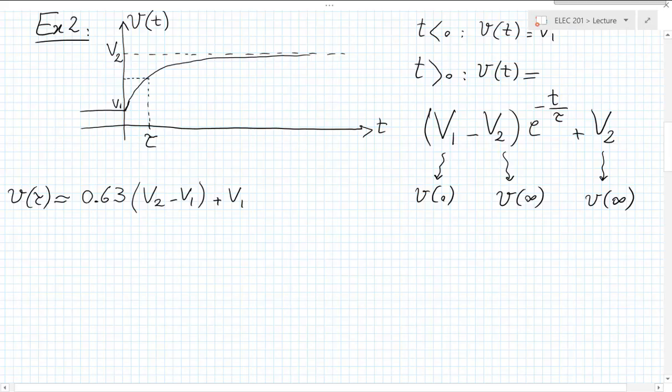So you would get V1 minus V2 times 0.37, right? So that's 0.37 V1, which is what you have here, plus 0.63 V2, which is what you have there. What I really wanted to point out was that this is 0.63 of your V2 minus V1.